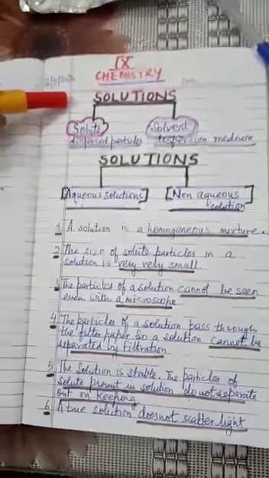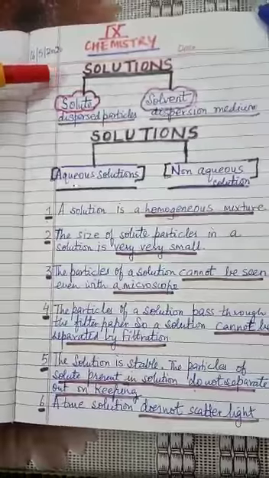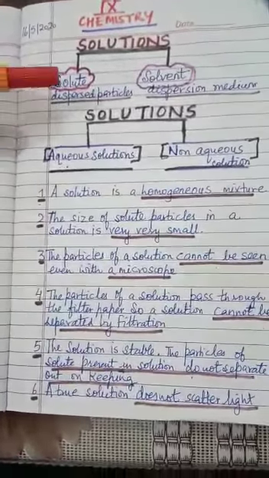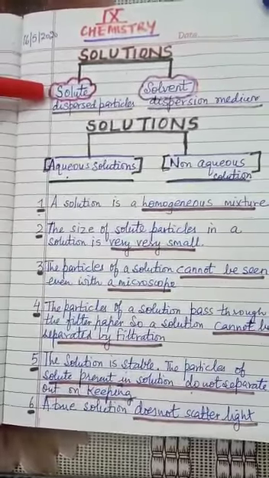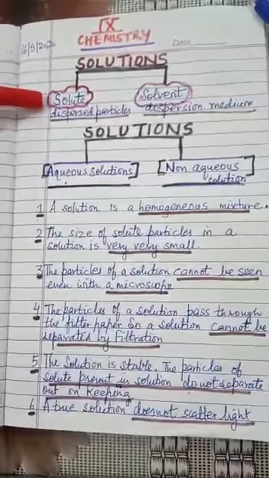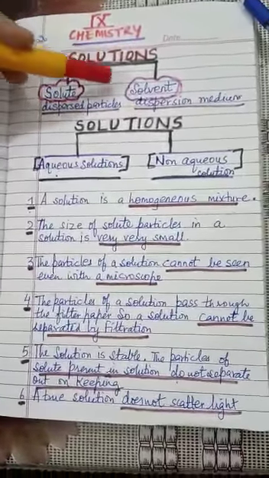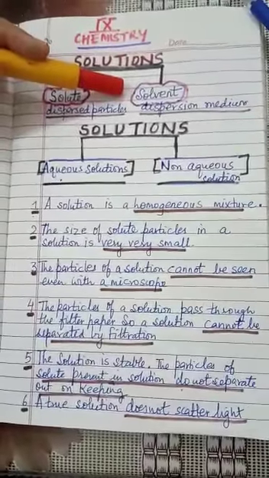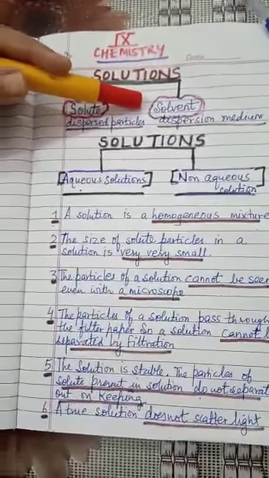Before we discuss the solution, we should know the meaning of two terms, that is solute and solvent. What is solute? The substance which is dissolved in a liquid to make a solution is called solute. Whereas solvent is a liquid in which solute is dissolved.